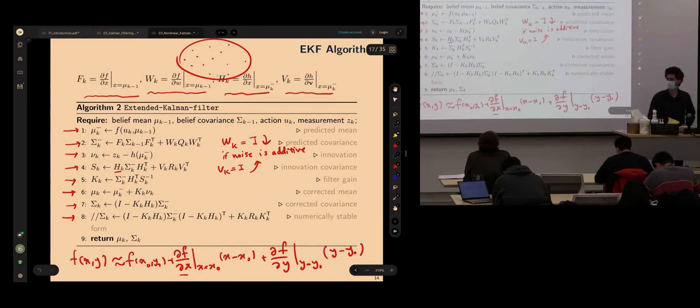I'm actually not sure if MATLAB has that, but Python definitely supports that. Julia supports it as well. There are libraries for C++ as well. Okay.